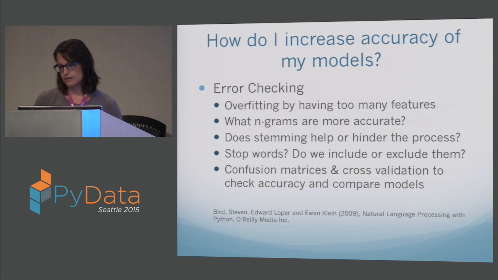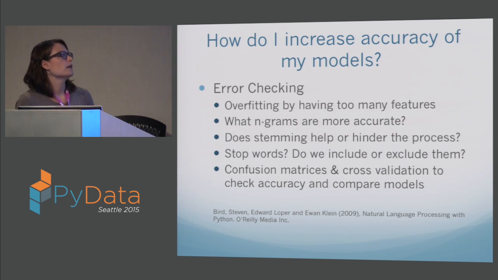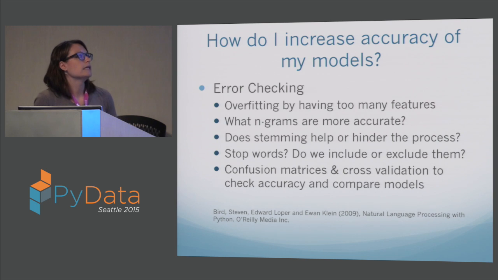So there's error checking and model validation. If you choose to have too many features, I think NLTK's example is gender identification of first names.